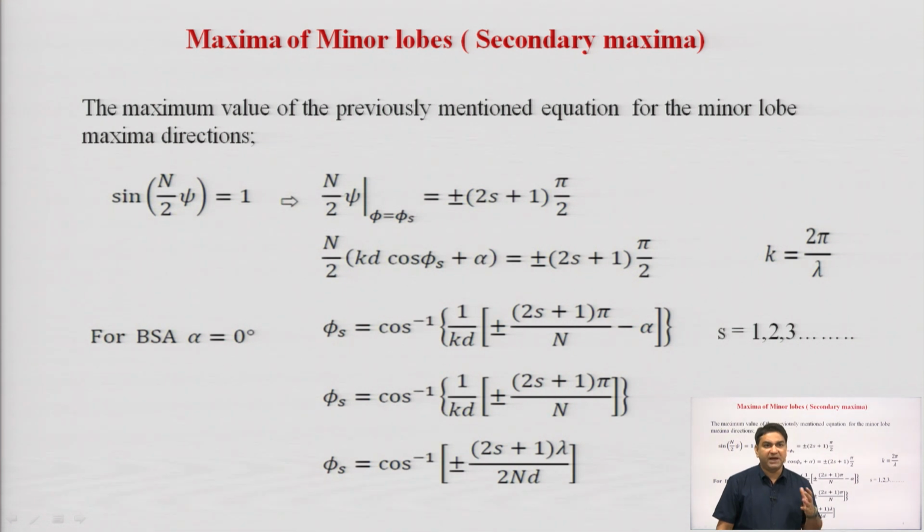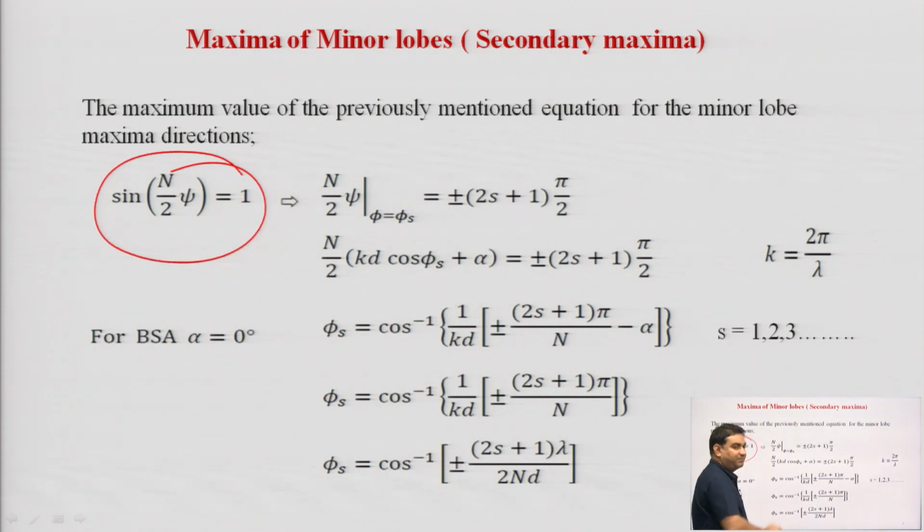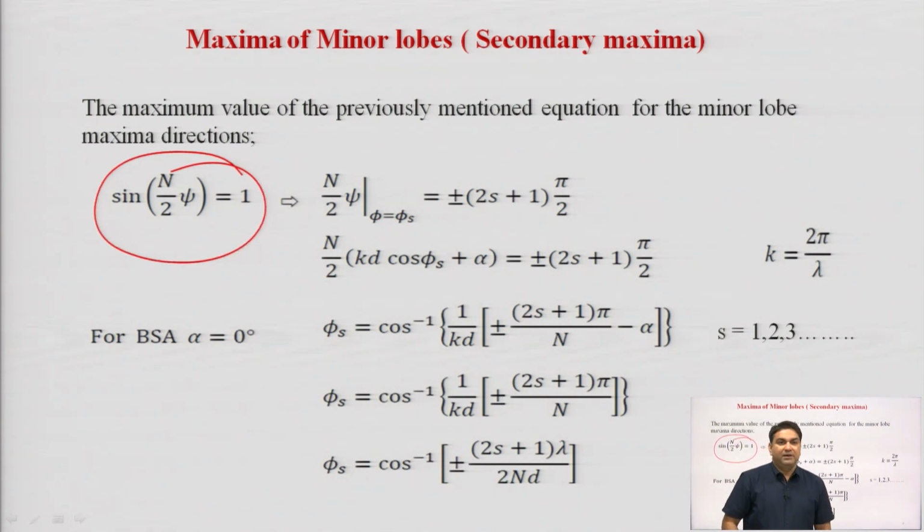Minor lobe maxima, how can we get them? We can get them like this only: sin(nψ/2) is equal to plus minus 1, and when this condition occurs, we can calculate the different directions in different forms.